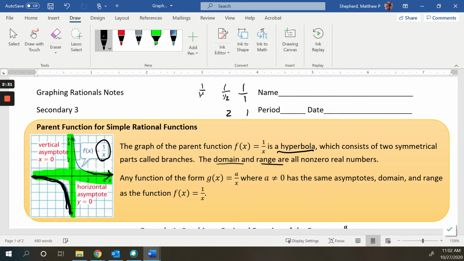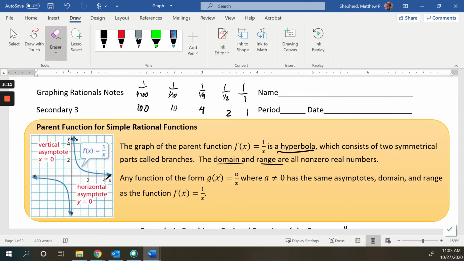If we do 1 divided by 1/4, that would be 4. 1 divided by a 10th, we'd have 10. 1 divided by a 100th, it would be 100. So as this gets closer and closer to 0, which means we're dividing by smaller and smaller fractions, the number gets bigger and bigger. But once again, because we cannot divide by 0, it'll never be able to have a number there.